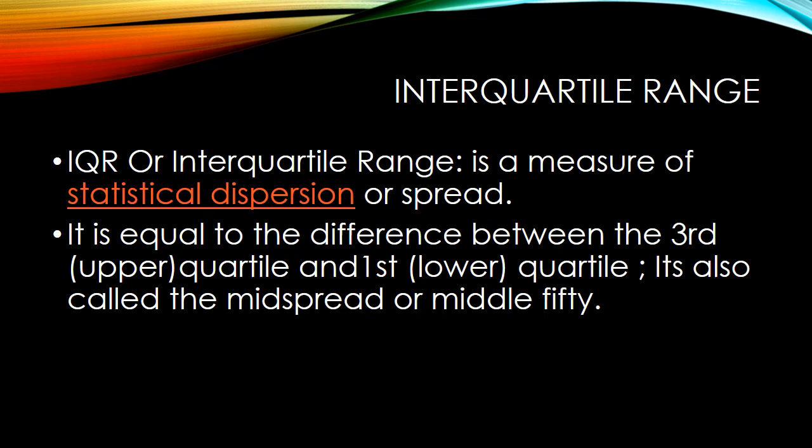The interquartile range is equal to the difference between the third quartile, or the upper quartile, and the first quartile. It is also called the mid-spread or the middle 50. We get that value by subtracting the first quartile from the third quartile.